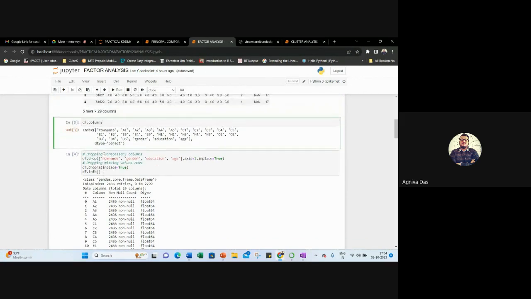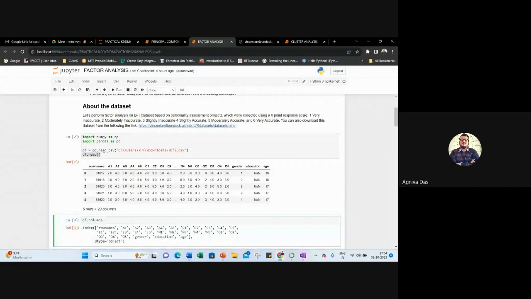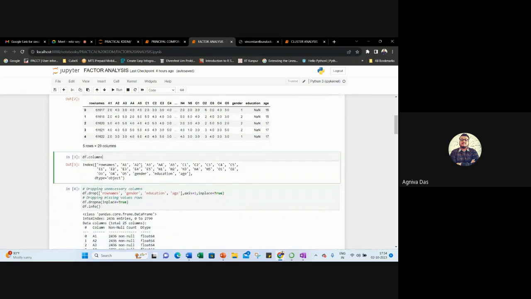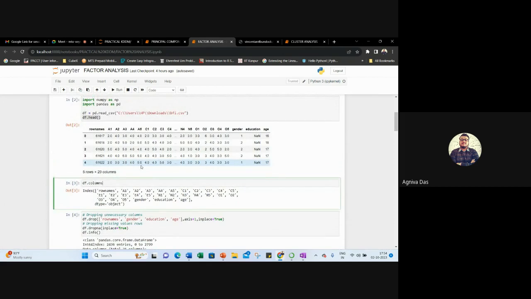We do not need these because they do not need factoring; they are just demographic. What needs factoring is A1, A2, A3, A4, A5, then C1, C2, C3, C4, C5, and so on and so forth. Why? Because we are trying to group these variables together. Again, we are assuming that we don't know anything about these variables. Later on, we will find out that all the A's will be together, all the C's will be together, all the N's will be together, and so on.